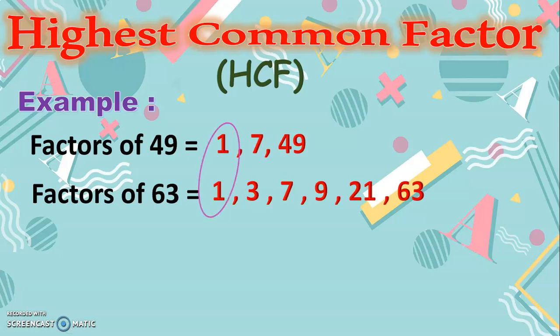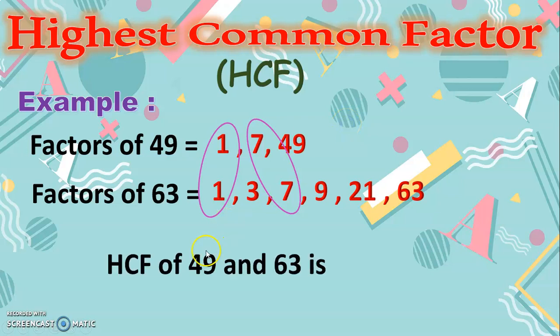They have the same 1, and they have the same 7. After that, nothing else. After you get the common factors, get the highest common factor. As we see, in 1 and 7, the highest number is 7. In other words, the highest common factor of 49 and 63 is 7.